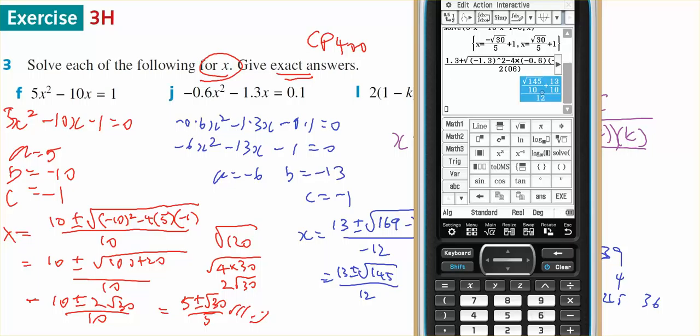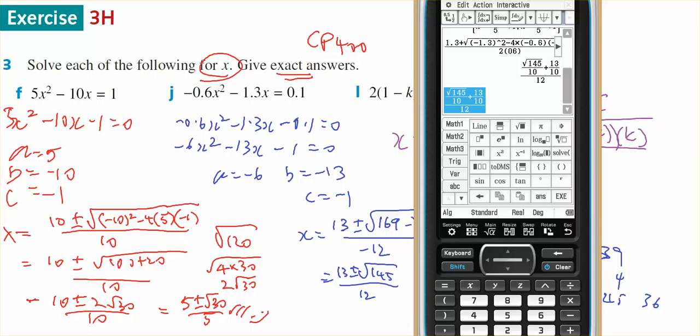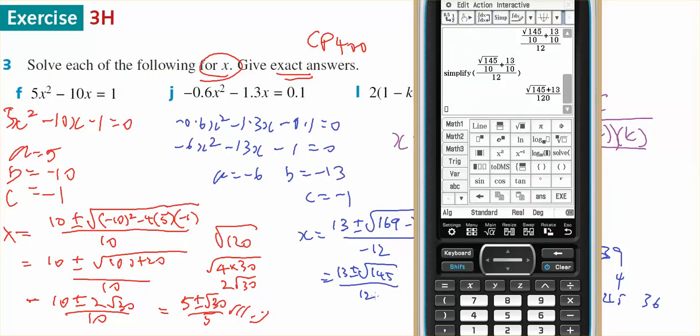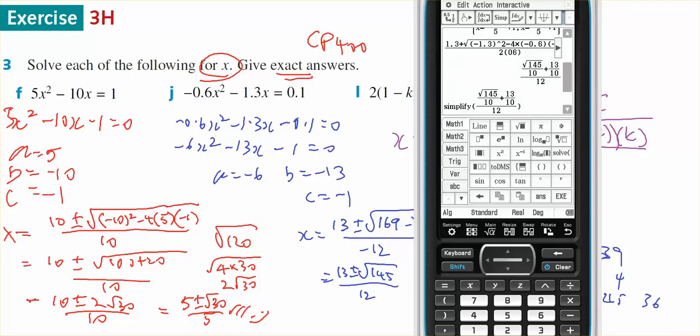That gives me that expression, and if I want to simplify that expression, there it is, the same as what I've got there, 120. If we go up here and explore, that wasn't 0.6, and it should be negative.